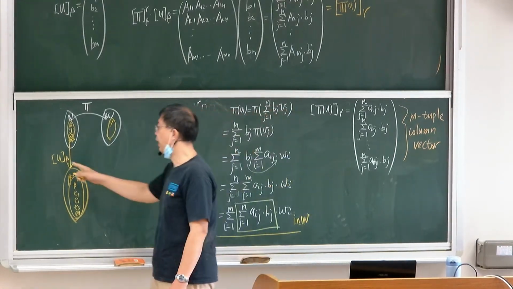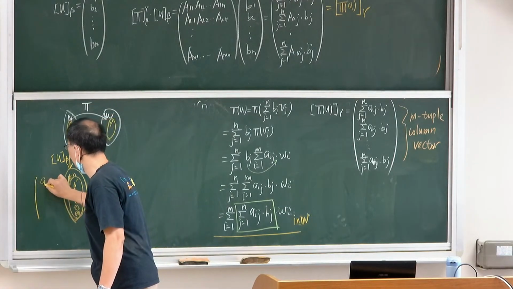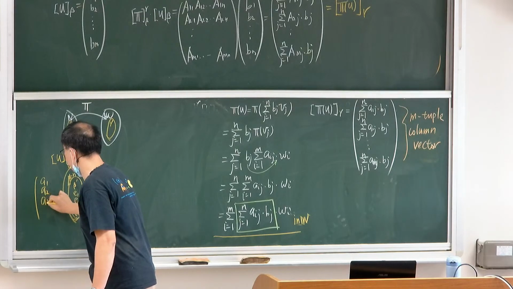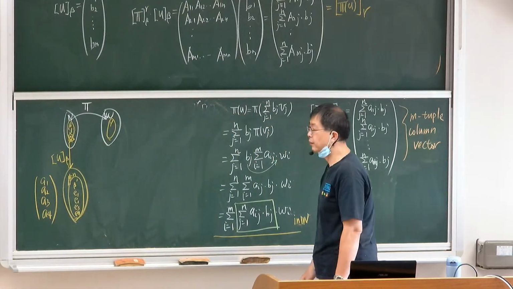So we can have a vector U, which will be A1, A2, A3, A4, a column vector.